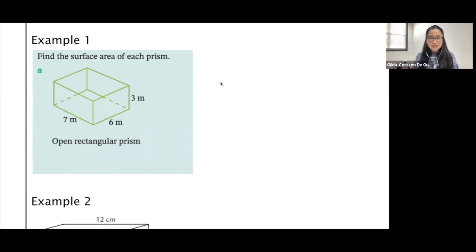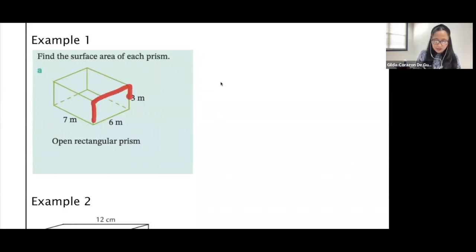So as I've said, when we're calculating the surface area, we're calculating the area of each of the faces, right? And then adding them together, right? So the trick there is for you to figure out what the opposite faces are, because these opposite faces would have the same area. What do I mean?